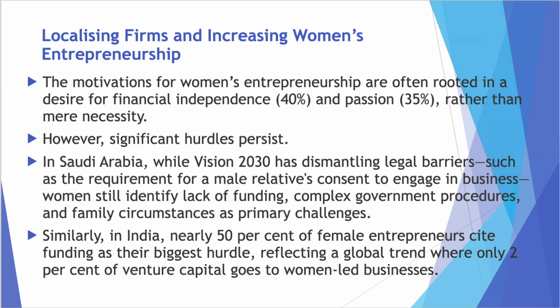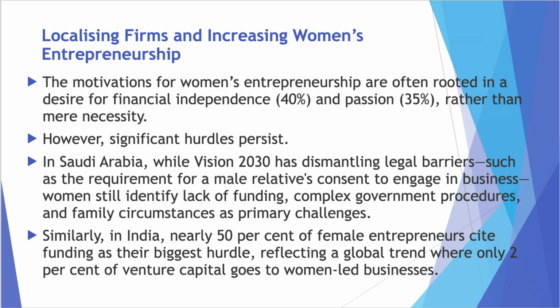However, significant hurdles persist. For example, in Saudi Arabia, while Vision 2030 has dismantled legal barriers such as the requirement for a male relative's consent to engage in business, women still identify lack of funding, complex government procedures, and family circumstances as primary challenges.